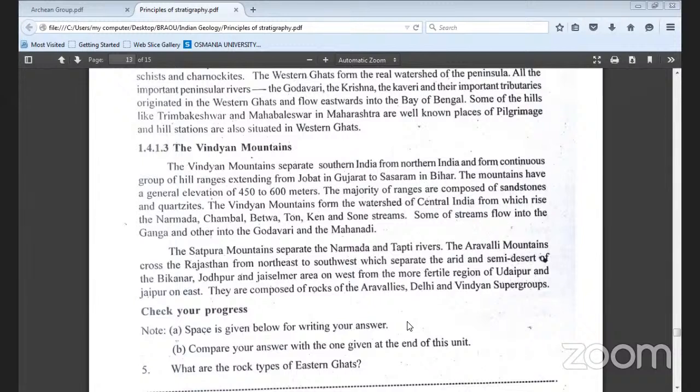These are composed of rocks of the Aravalli, Delhi, and Vindhyan super groups.